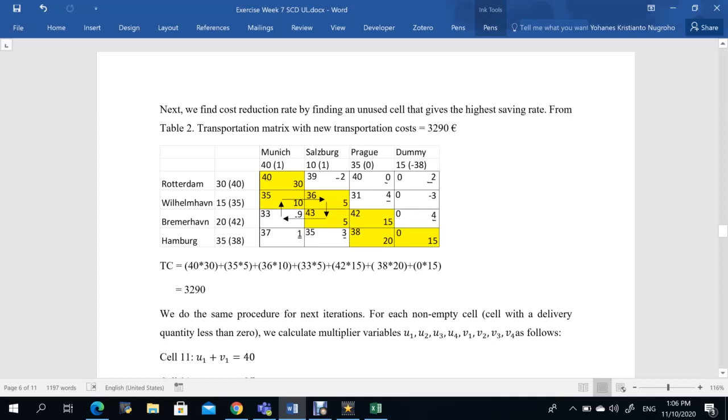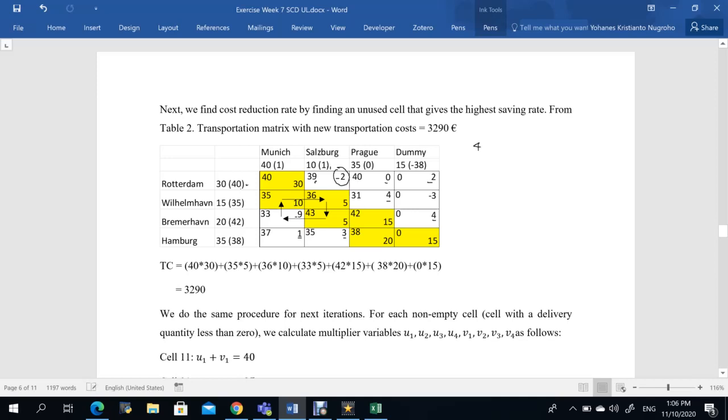And then if we move from any of the cells to these cells, and the cost goes down to 39, therefore we have saving at 1. Then if it is 40 plus 1 equal to 39, and then we have saving at minus 2.